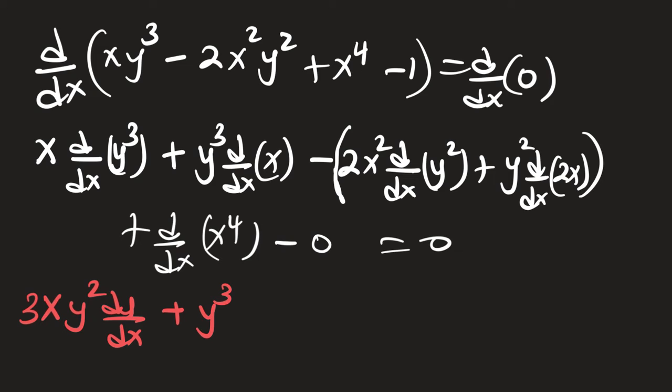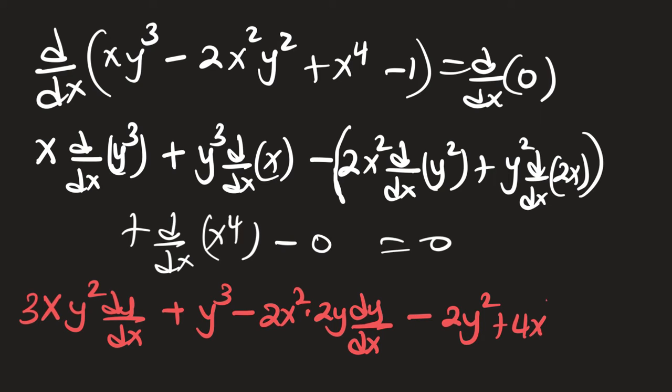I only write dy dx every time I take the derivative of y. So this is minus 2x squared times the derivative of y squared, which is 2y dy dx, then minus y squared times 2, then plus 4x cubed. This is equal to 0.